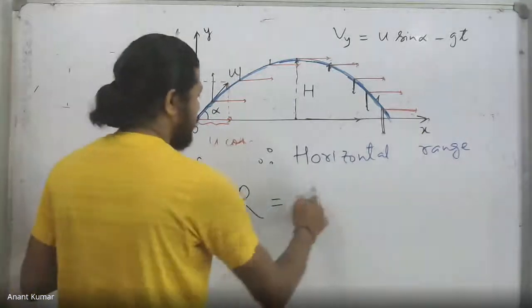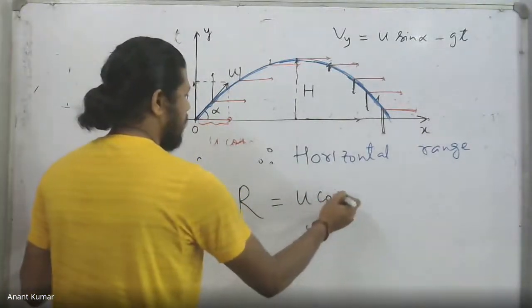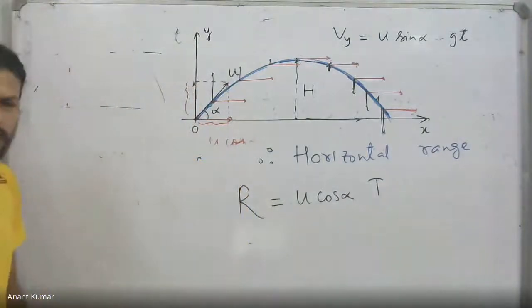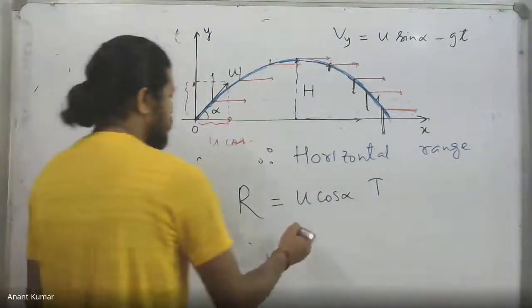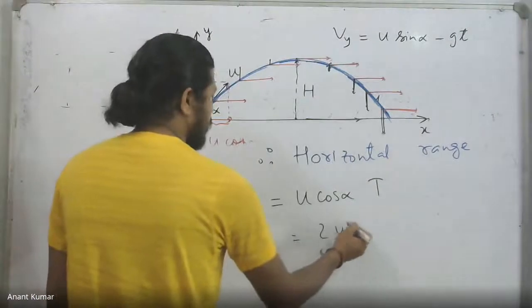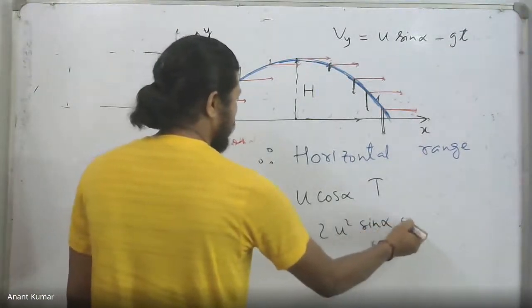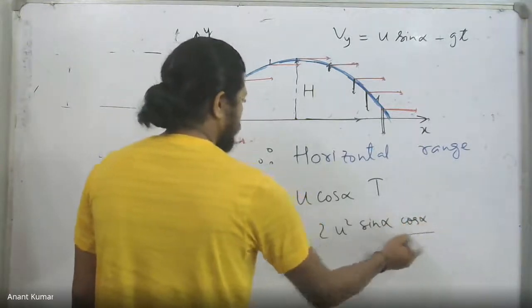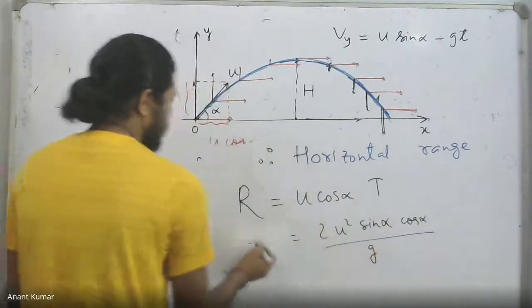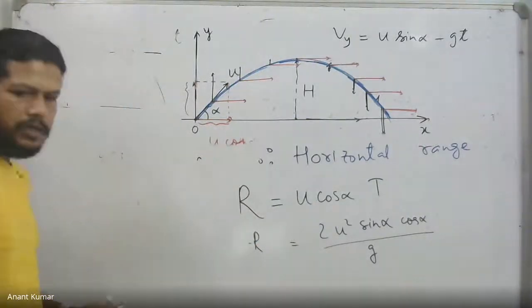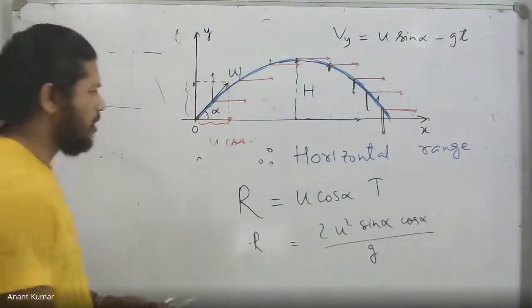So it has to be, therefore, u cos alpha into the time of flight. I can just plug the value of t, which is nothing but twice u sine alpha by g. So I end up getting twice u square sine alpha cos alpha upon g. That becomes the range for the horizontal range, actually.